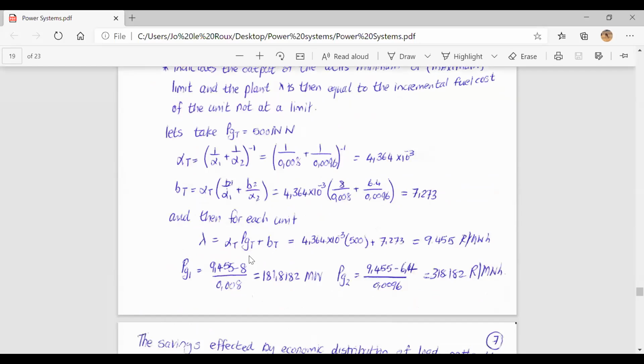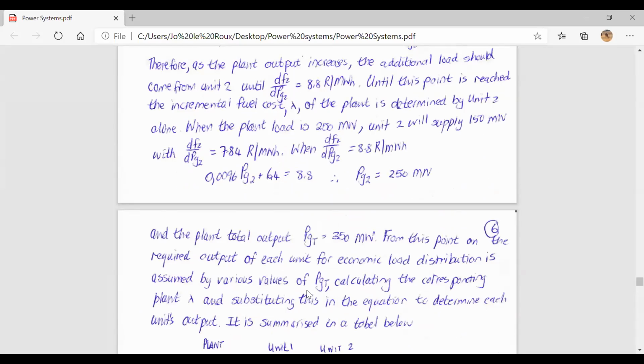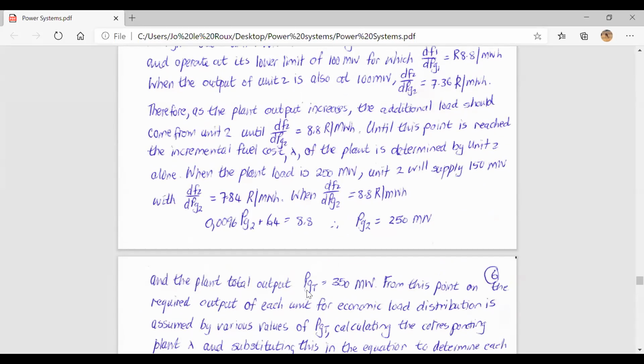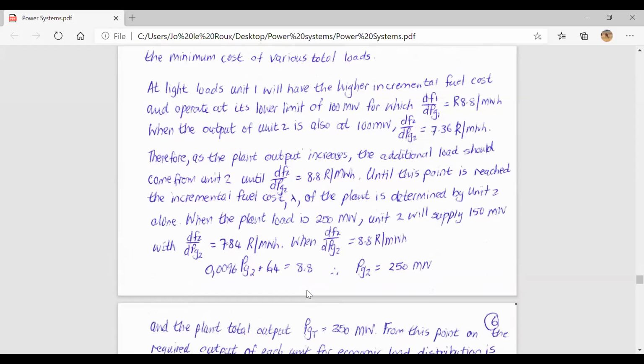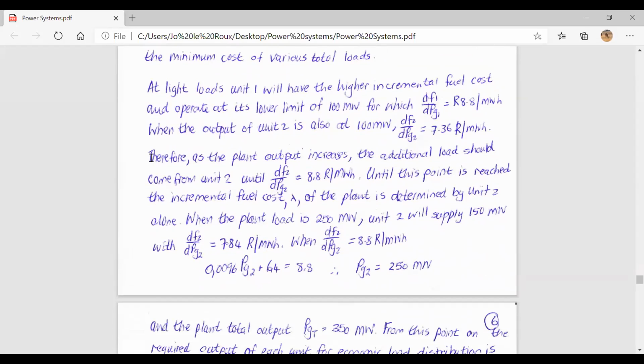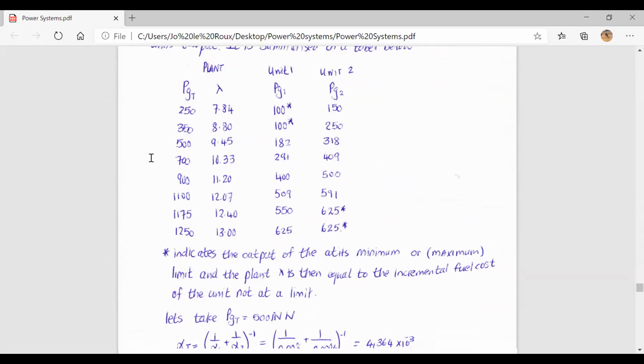It will be something like this, and then determine the load of each one. Any question there? So just go carefully through what I've written here, and you'll find that it's not so difficult.